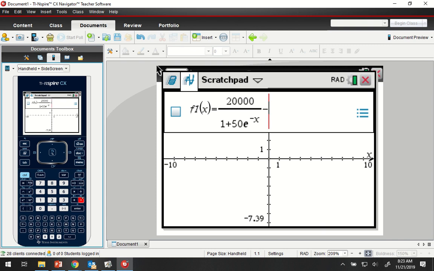Then it's minus 20,000 times 1, 2, 3, 4 over 5, 1. There we go. All right.